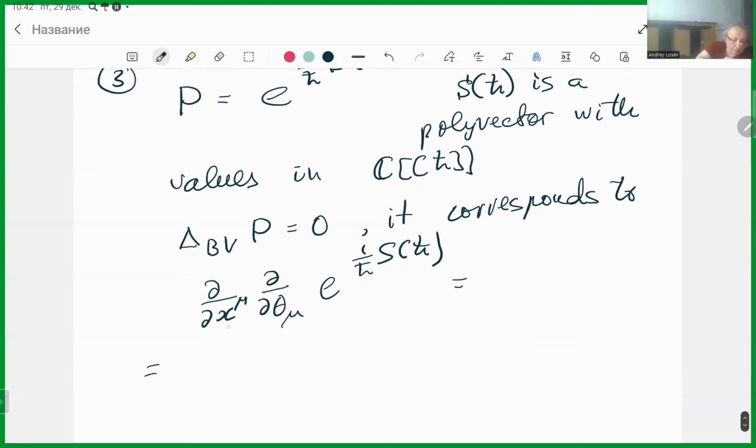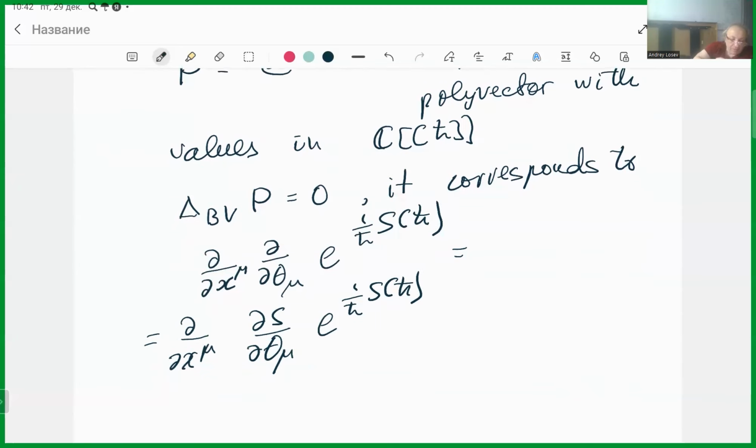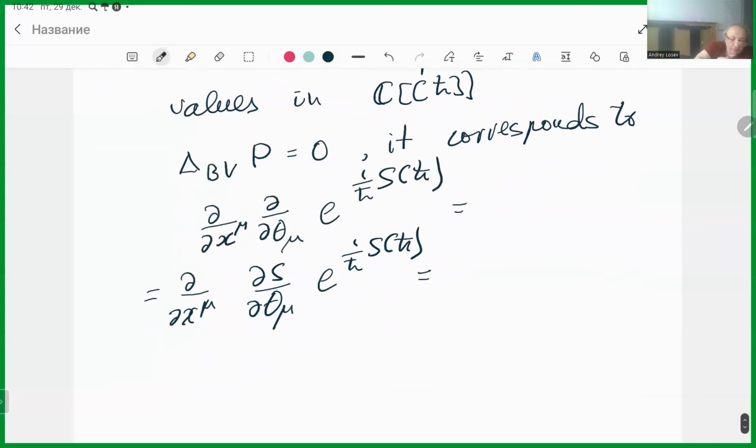So first, I take derivative on S. Okay, I'll do the computation here. And then I take derivative again.